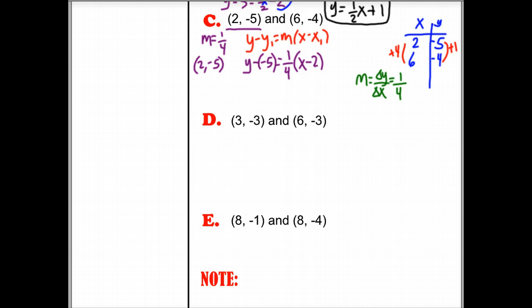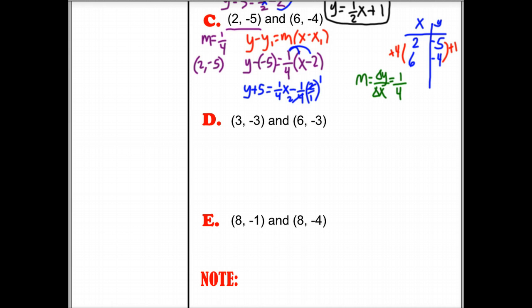Then the next thing we do is distribute all the way through. Y plus 5 equals 1/4 x. And then we distribute the 1/4 through, and we have minus 1/4 times 2 over 1. We can simplify this. 2 goes into 4 2 times, and 2 goes into 2 once. So what we really have is 1/2.